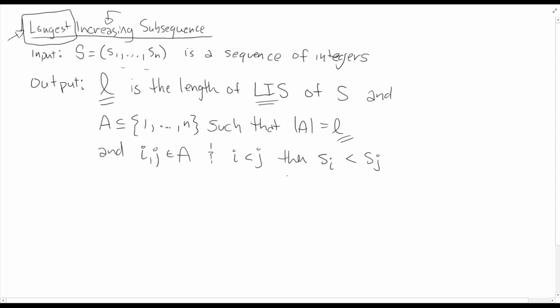If this last little clause that we've put here is true, then that means our set A picks out an increasing subsequence, because we could do this for any pair. In particular, the two adjacent ones, right? So 1 would be less than 2, 2 would be less than 3, 3 would be less than 4, and so on. And so this would imply that our entire output subsequence is increasing. That's what we're hoping for.